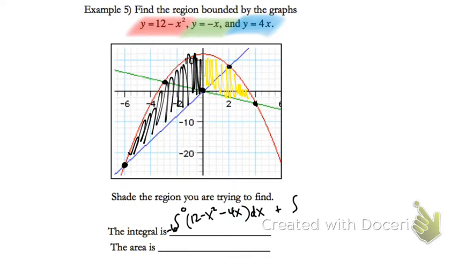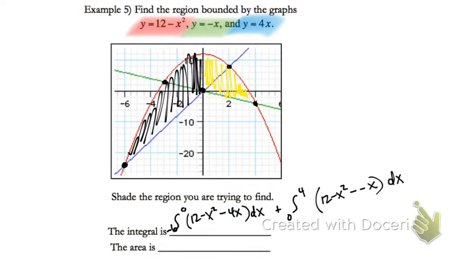Plus, the integral for the yellow one would be the integral from 0 to 4, because this point of intersection is 4 right here, of the top function minus the bottom function, which would be the red one, 12 minus x squared, minus the green one, which is -x dx. So that's your work for it.